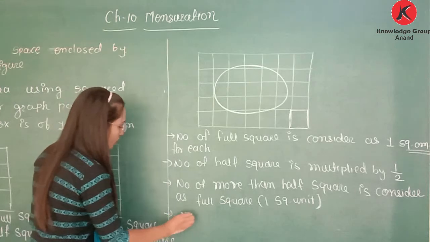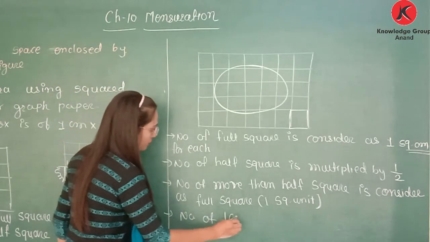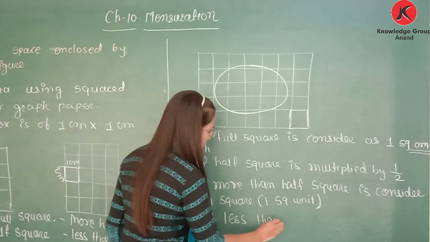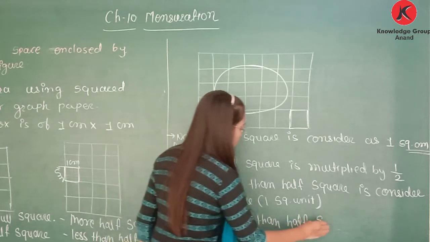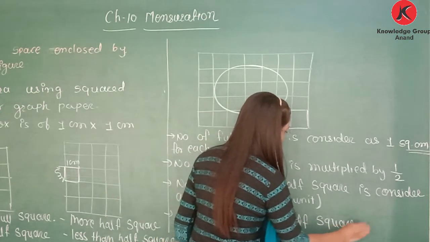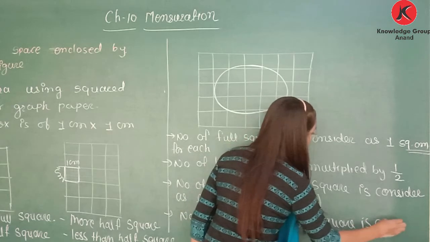And number of less than half square is considered as 0.